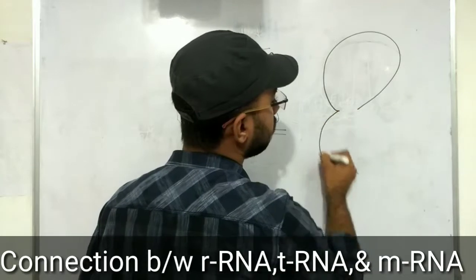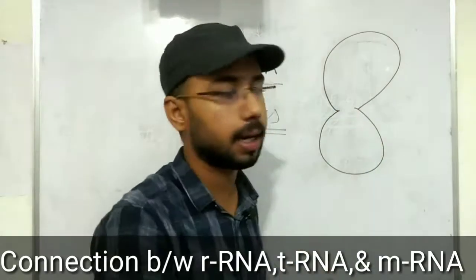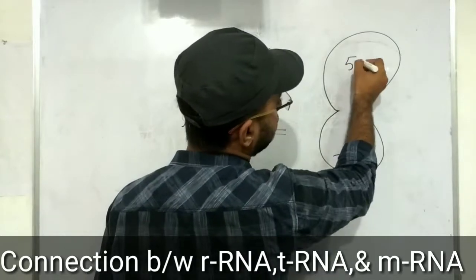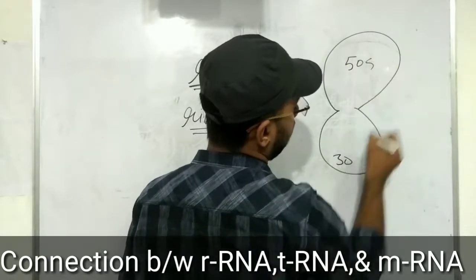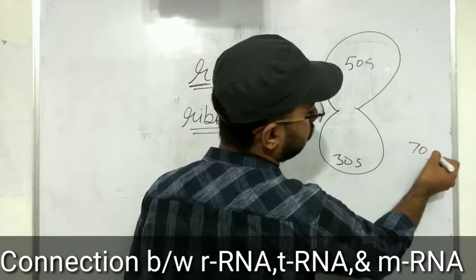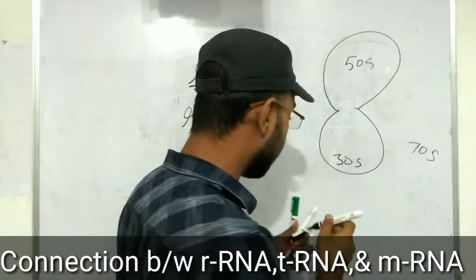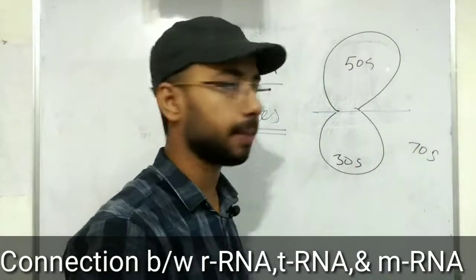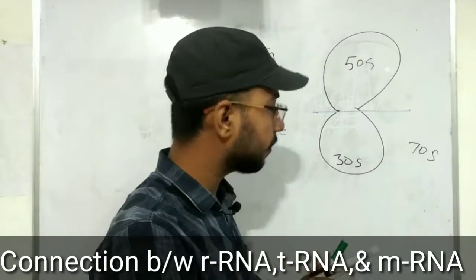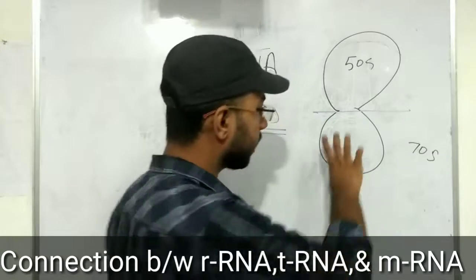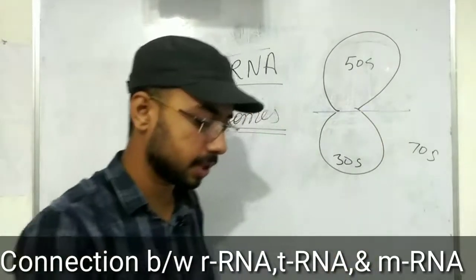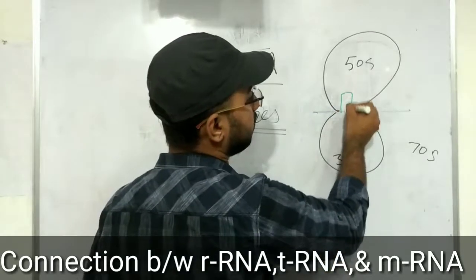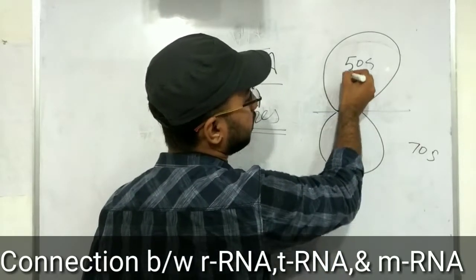Ribosome, as we know, contains rRNA. It contains two subunits, the 30S subunit and the 50S subunit, making the 70S ribosome. It will bind with the mRNA, making the ribosome-mRNA complex. After that, the tRNA will come and bind to the mRNA codon in a specific place, that is the P site.